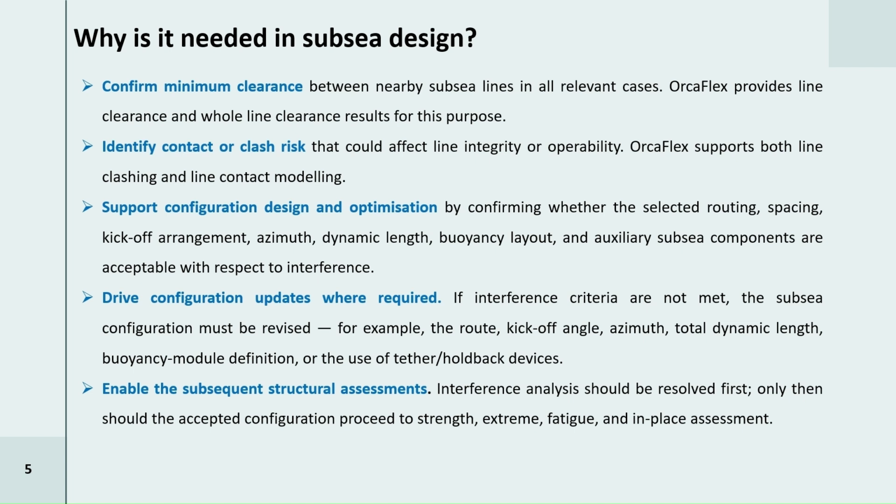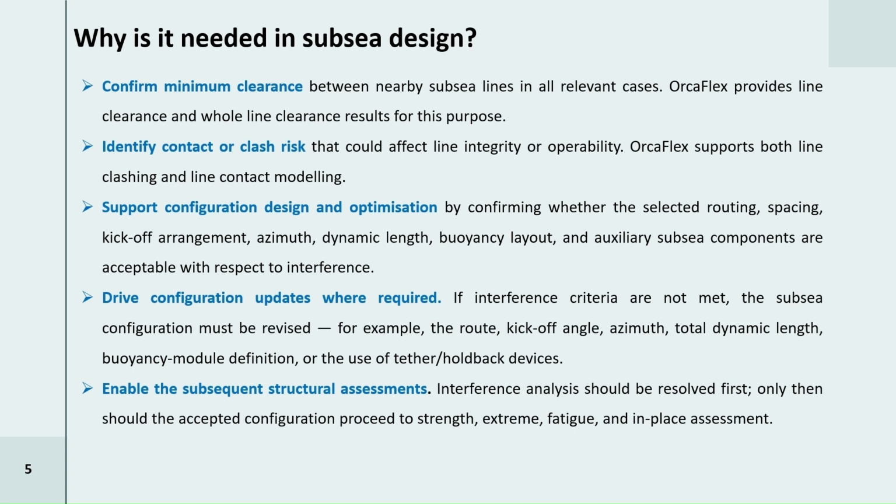It is also an important tool for configuration design and optimization. In other words, it helps us confirm whether the selected routing, spacing, kickoff arrangement, azimuth, dynamic length, buoyancy layout, and auxiliary subsea components are acceptable with respect to interference.